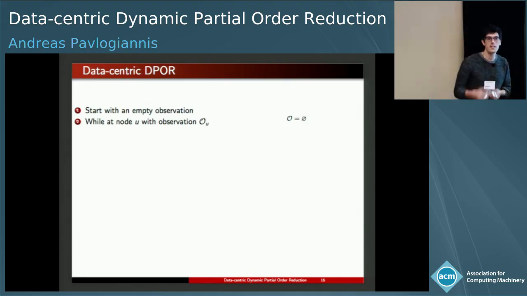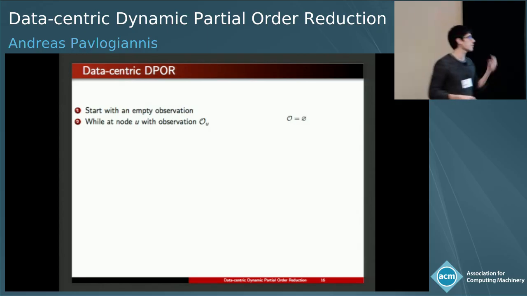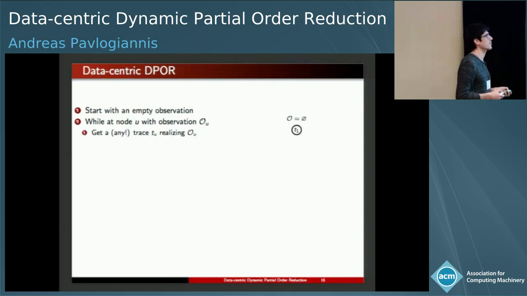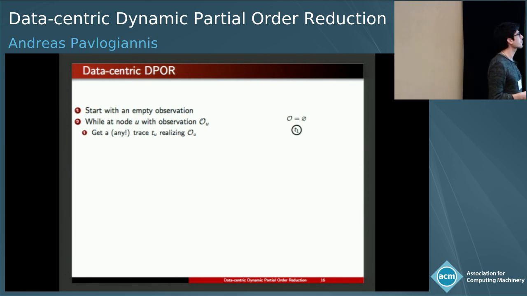We're going to look into the trace, construct a new observation function, and so on. So in the root, we start with an empty one, so no constraints. And while we are at some node U, we have some observation function O of U. We use the previous theorem. We get back a witness trace T of U.